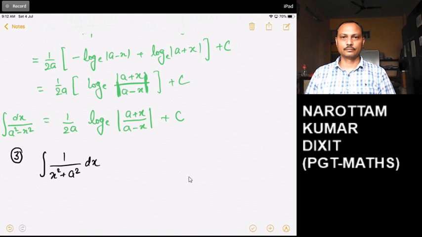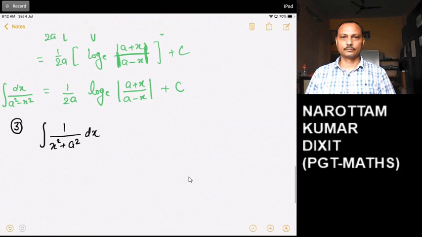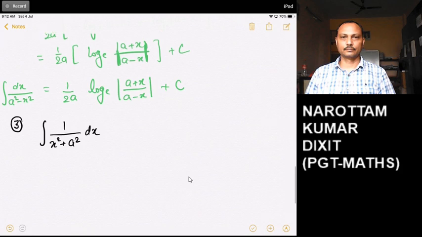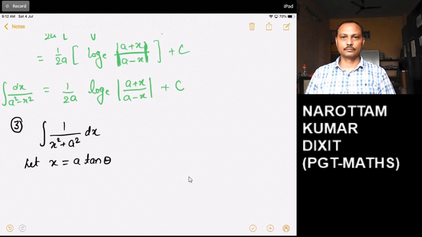In the denominator, it is x square plus a square, which cannot be factorized. So here we are taking something different. Let us take x equals a tan theta, by the substitution method.